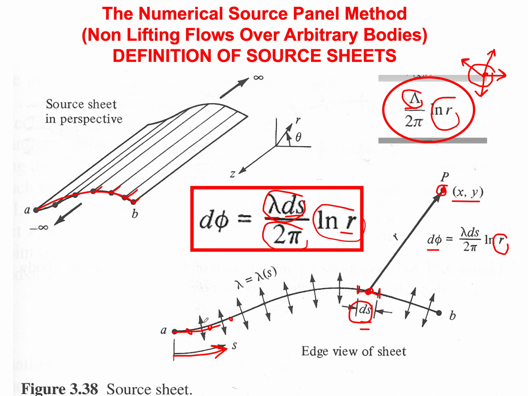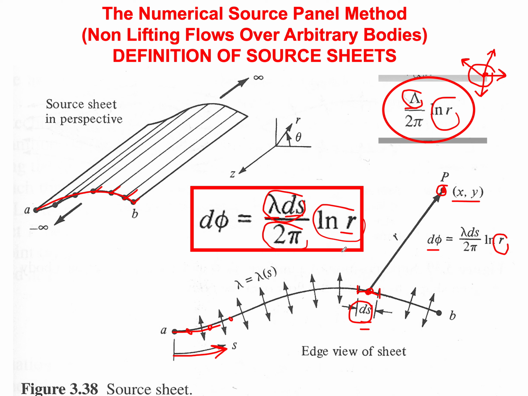And then, due to superposition, because our velocity potential flow equation is linear, the different solutions also act linearly.